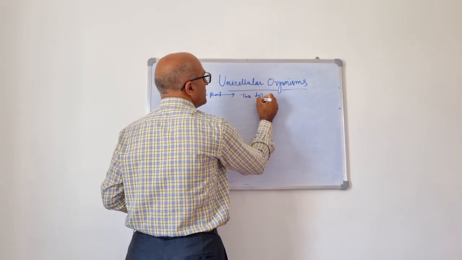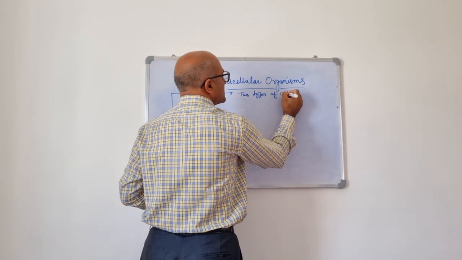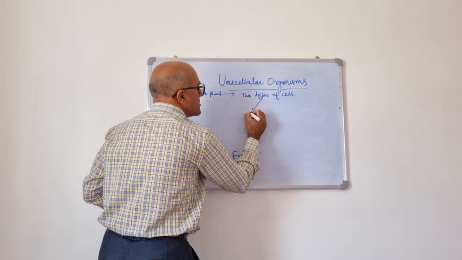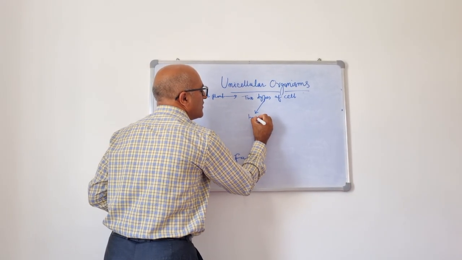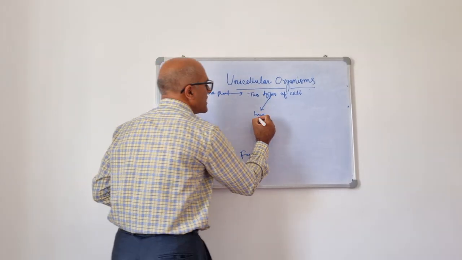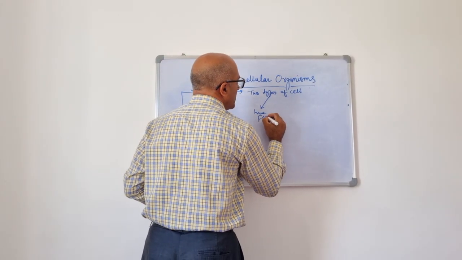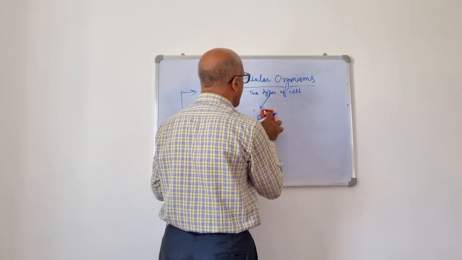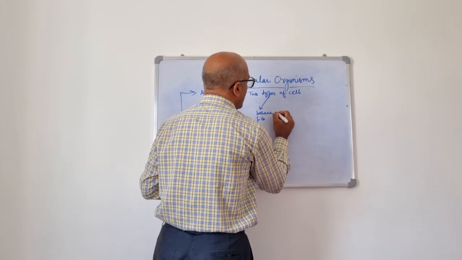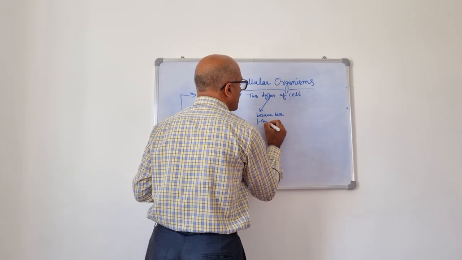Two types of cells. Certain cells behave like fibers.